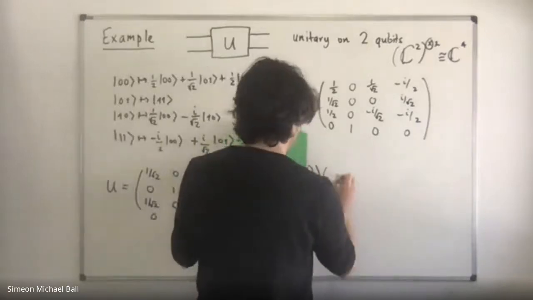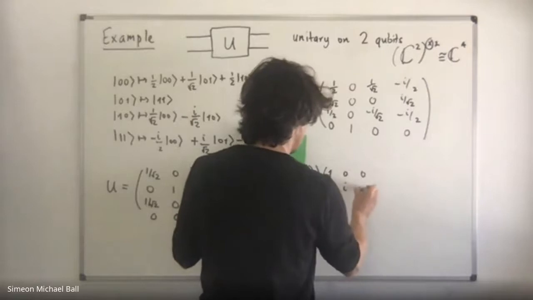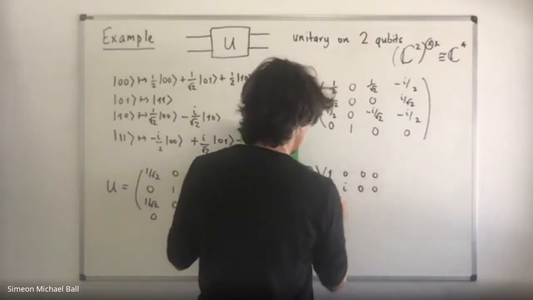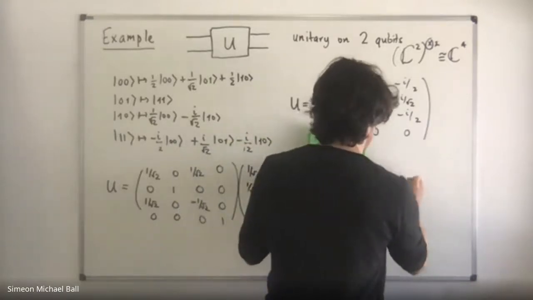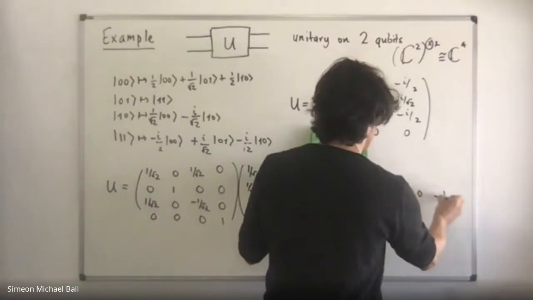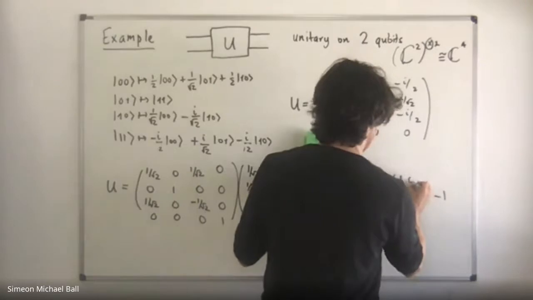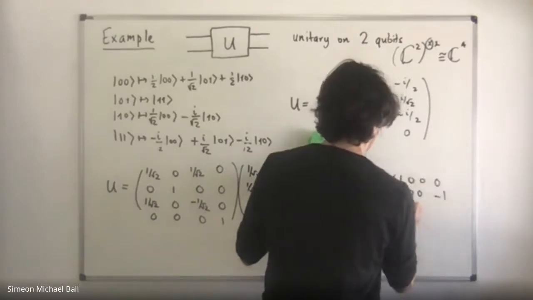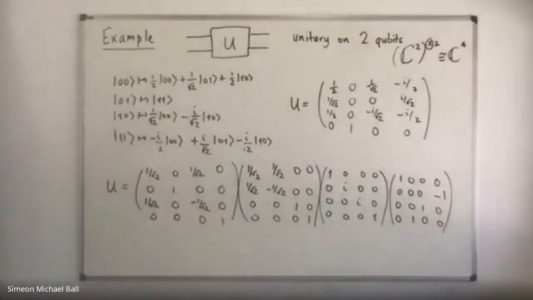And here we have 1, 0, 0. You can check, if I didn't make a mistake, that this product of 4 two-level unitary matrices does indeed decompose into these 4.